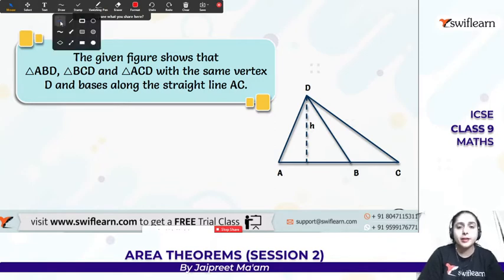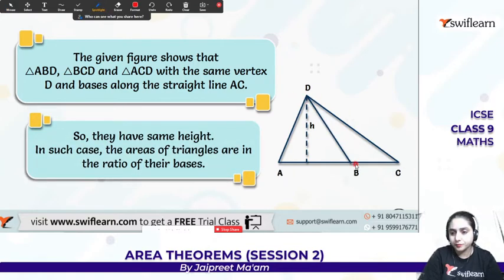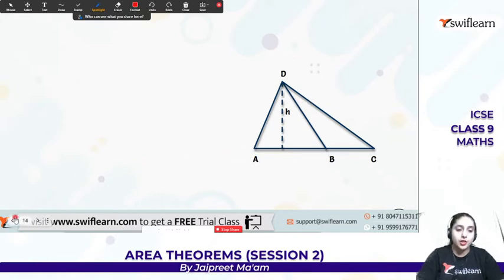In the given figure, this is a triangle, everyone knows this is a triangle, and there is one line drawn between DB and there is one more line named H. The given figure shows triangle ABD, triangle BCD, and the whole triangle ACD.